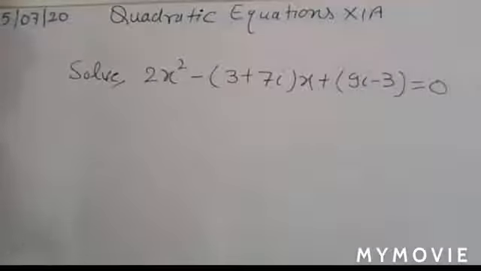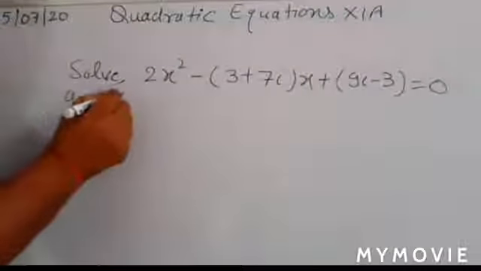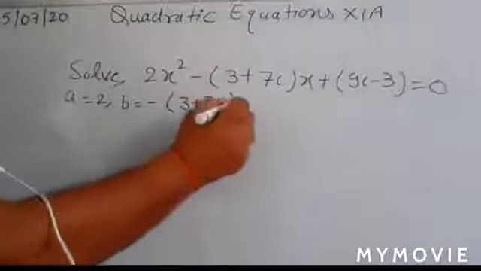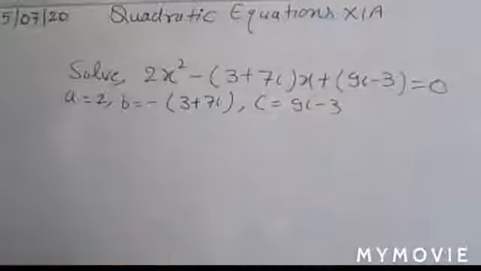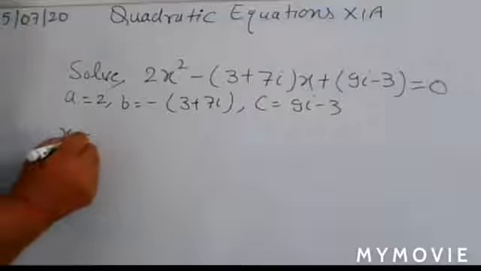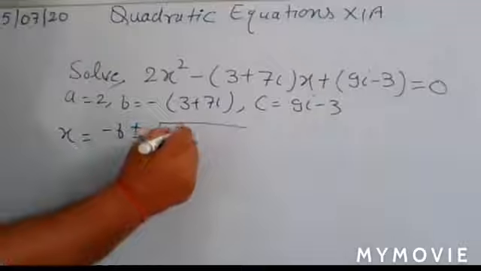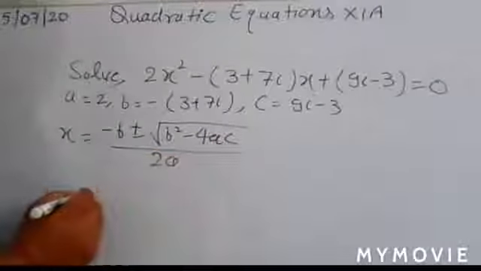So first of all, you compare it. Here you have a is equal to 2, b is equal to minus (3 plus 7i), and c is equal to 9i minus 3. The value of x is minus b plus minus root of b square minus 4ac, the whole divided by 2a.